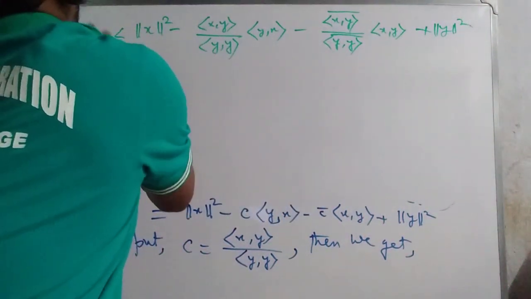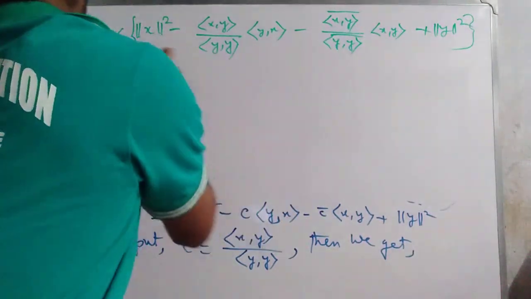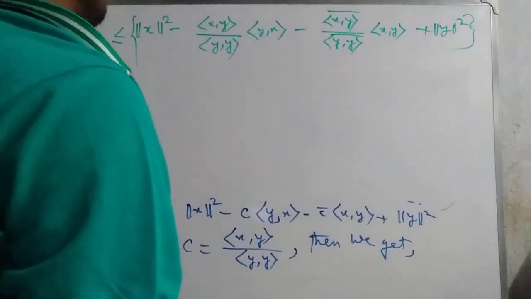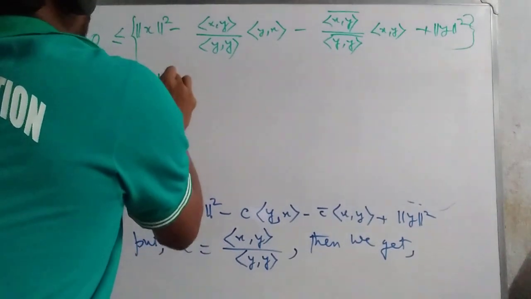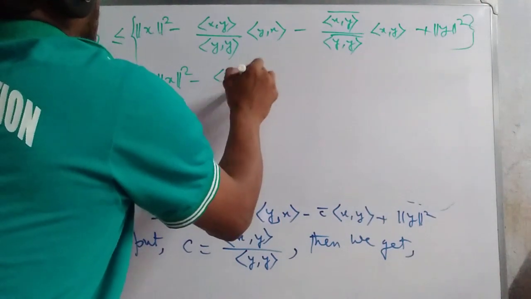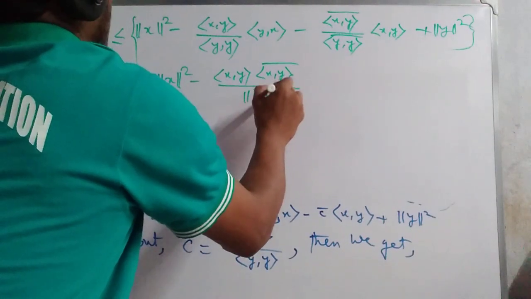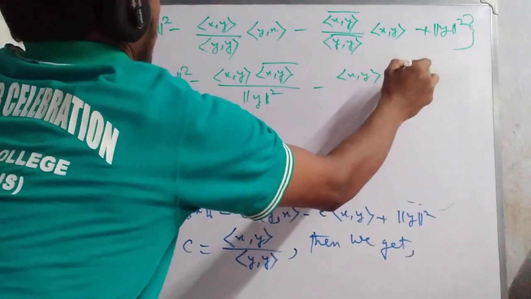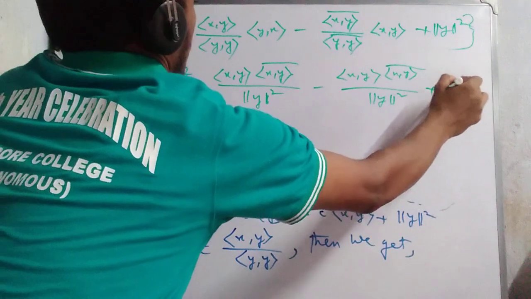Obviously this is greater than or equal to 0. Then this implies that we write here 0 less than or equal to norm of x squared minus the terms in (x, y) over norm of y squared.